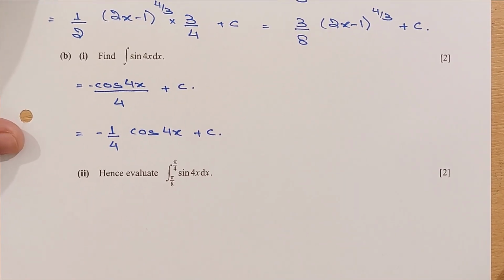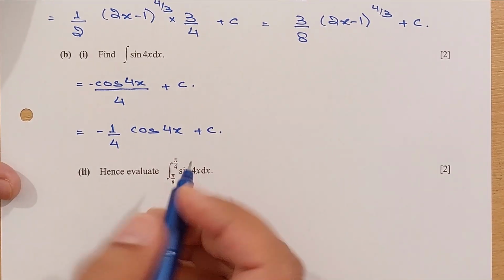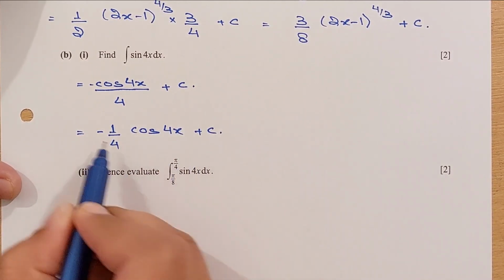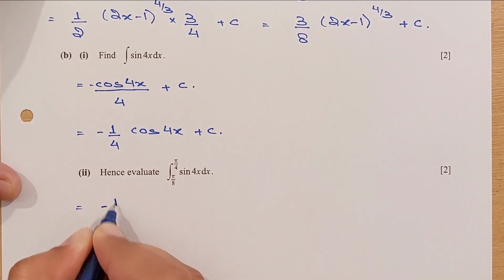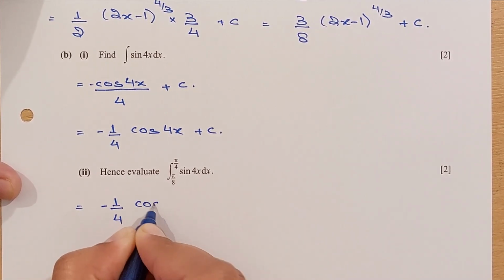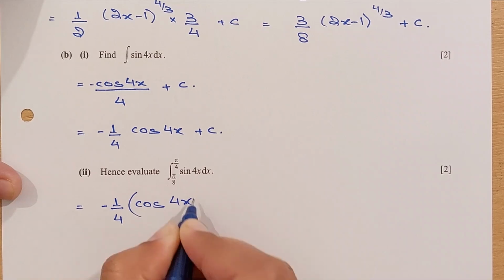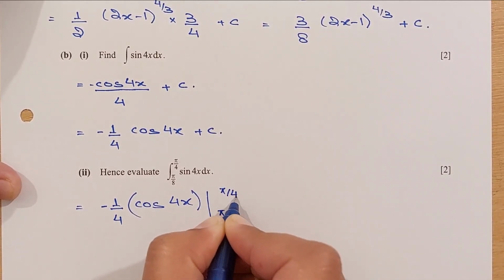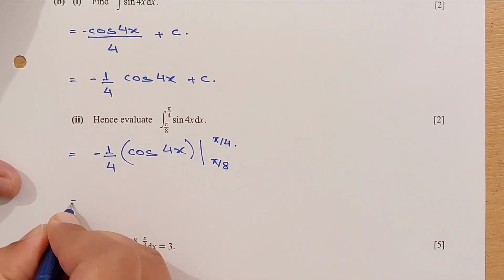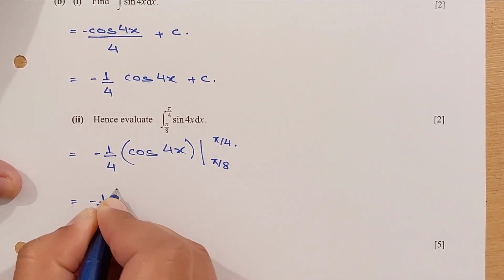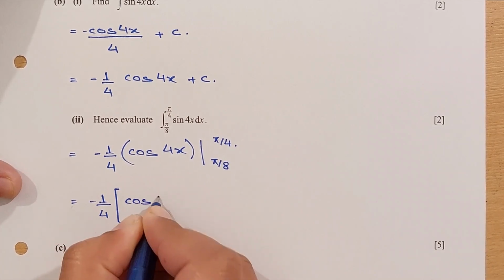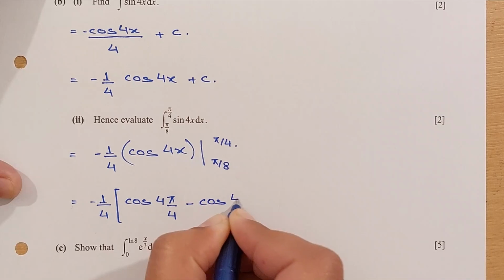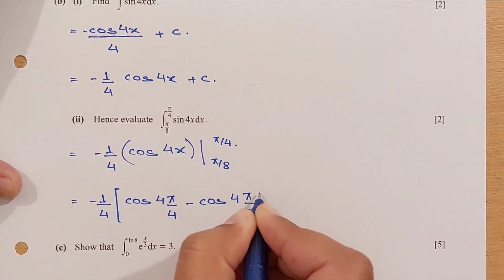Now for the second part, hence evaluate this integration when we have a definite integral, right? So the integral is given, that is minus 1 by 4 cos 4x from pi by 8 to pi by 4, the upper and the lower limits. So minus 1 by 4, we have cos 4 pi by 4, the upper limit, minus cos 4 pi by 8, the lower limit.